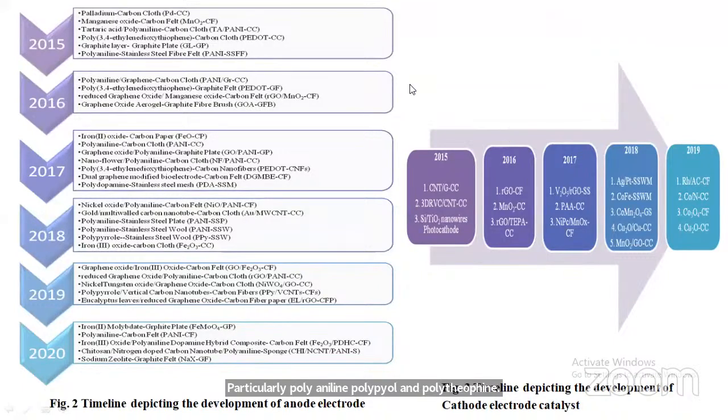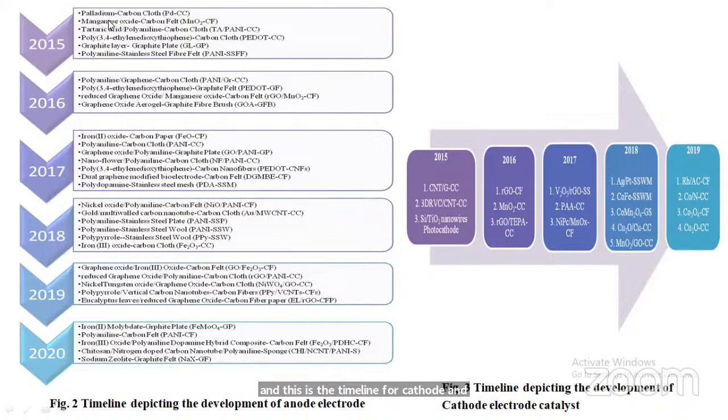So here we see a brief timeline depicting the development of electrode material. This is the timeline for the anode, and this is the timeline for the cathode.